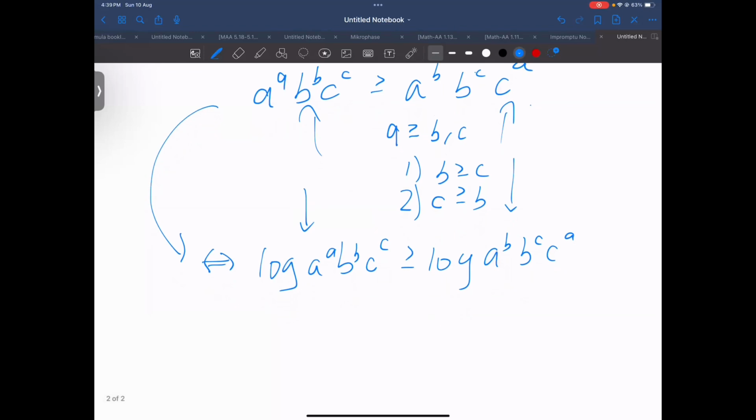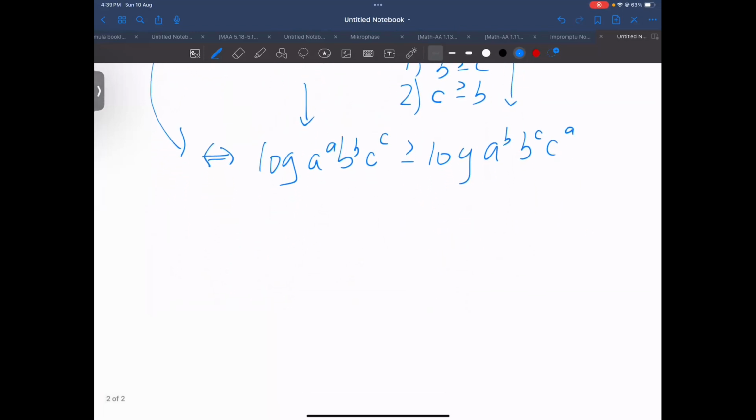Okay, so now we have to do something with this. Now, what do we know about our log laws? We can split these up into different components, right? So the left-hand side is the same thing as log of a to the power of a plus log of b to the power of b plus log of c to the power of c.